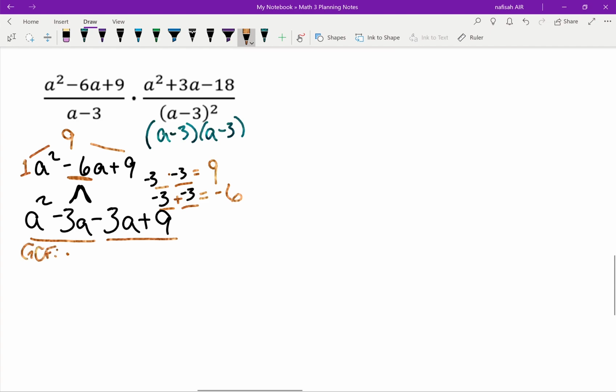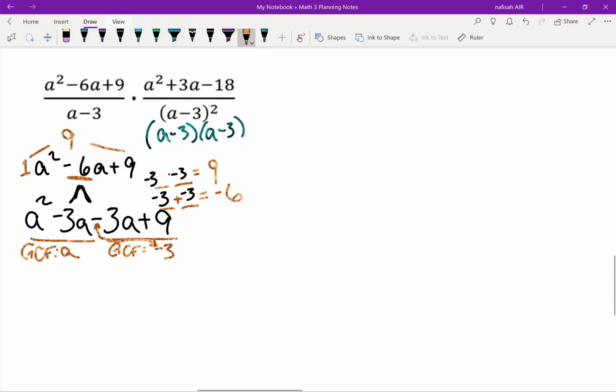Your GCF here would be an a. Your GCF here would be -3. Whatever sign is there will be the sign in your GCF. That's a good rule of thumb whenever you're taking the GCF and the first term is negative.